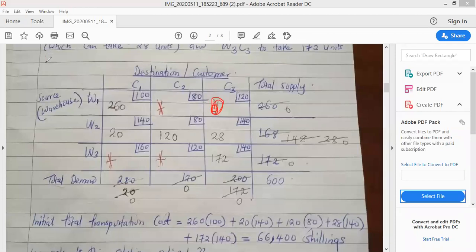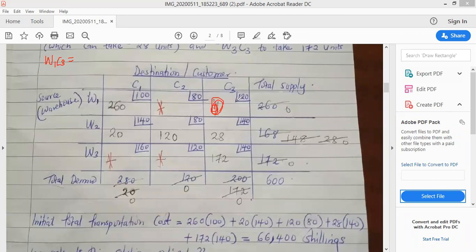Let's compute its shadow price, which is cell W1C3. So again, we'll ask ourselves, as we use the stepping stone, which are the nearest stones that we can actually utilize. So for this one, we have got quite a number of issues to consider.